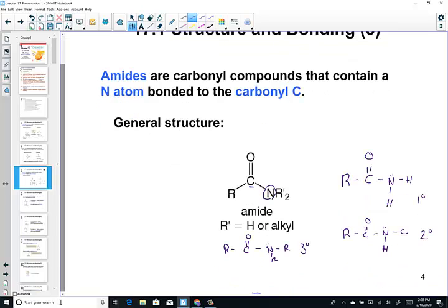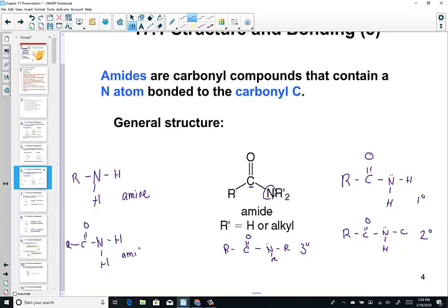And you can see here the primary amide. The amide itself is when it's next to a carbonyl carbon. Now, an amine does not have an oxygen nearby. An amide has a carbon directly next to it.